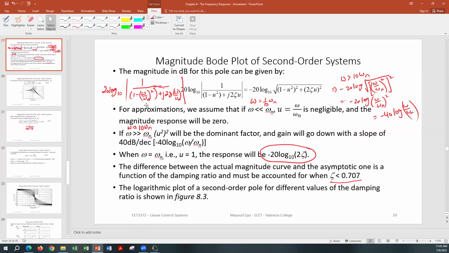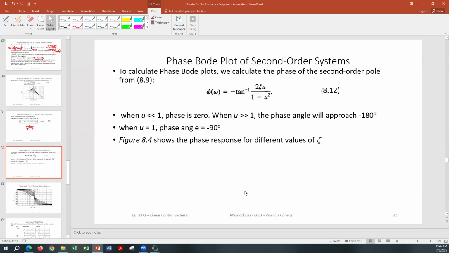The phase of this thing right here is minus tangent inverse of the imaginary part, 2 zeta u, divided by the real part, 1 minus u square. And again, remember u is the normalized frequency, which is omega over omega n.